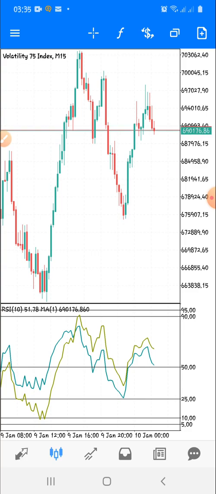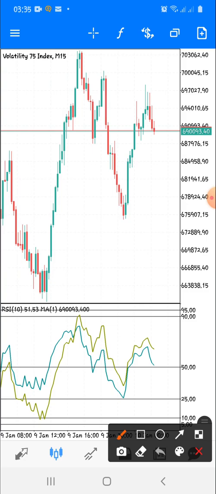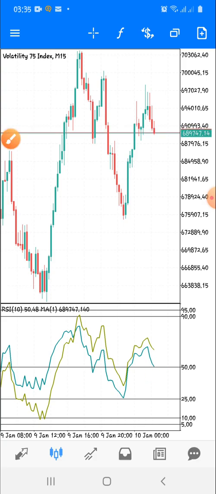So we attempt a sell whenever this blue line is at the 90 level or close to it, or the momentum is bearish when this line is below this level and it is pointed downwards. Then we can say that the momentum is a sell.